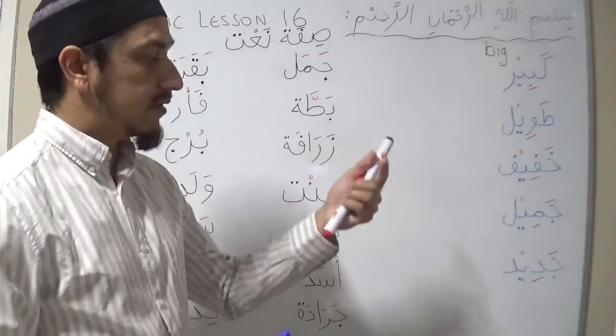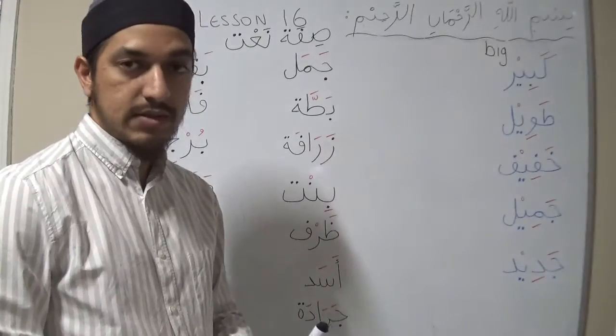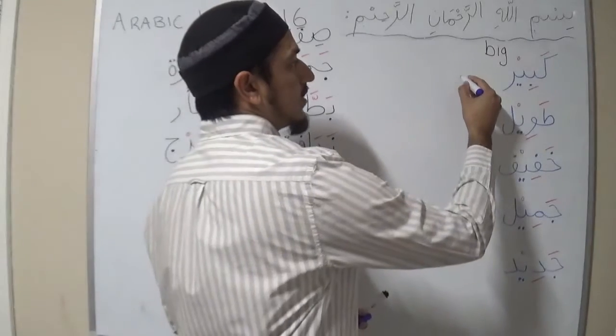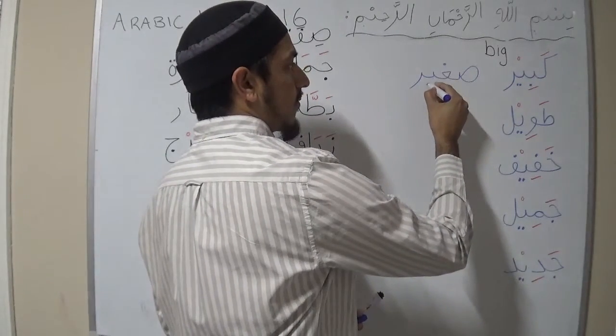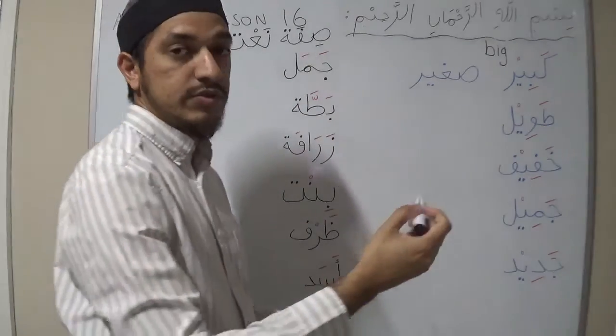So today the opposite for big, a describing word, is small, صغير, with a صاد.